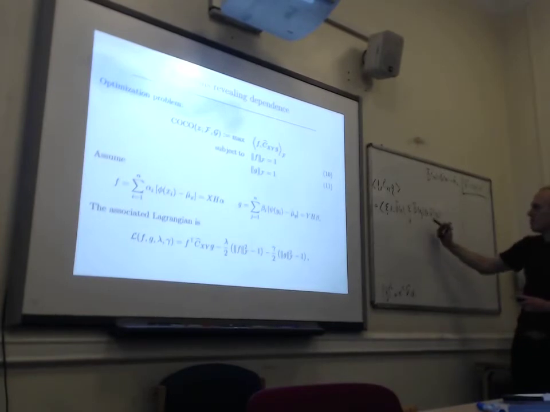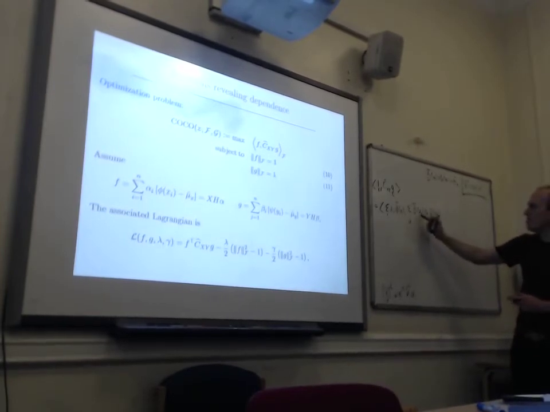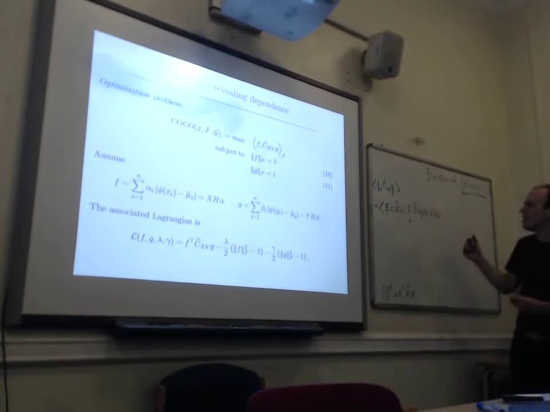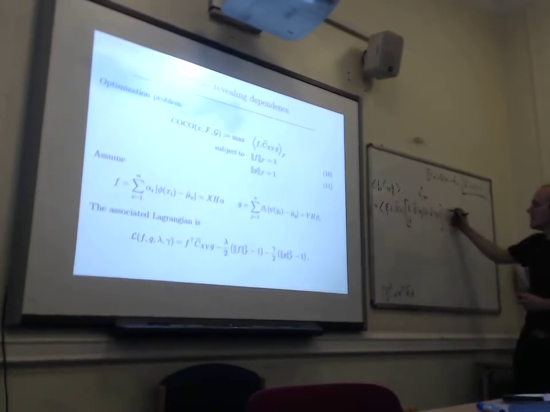It's just the sum of the tensor products between the phis of the x's and the phis of the y's. These are all centered. That thing here I'm going to write as C_xy hat. And then I've got my g function here. So what is my g function? Sum over l of beta_l phi tilde of y_l.